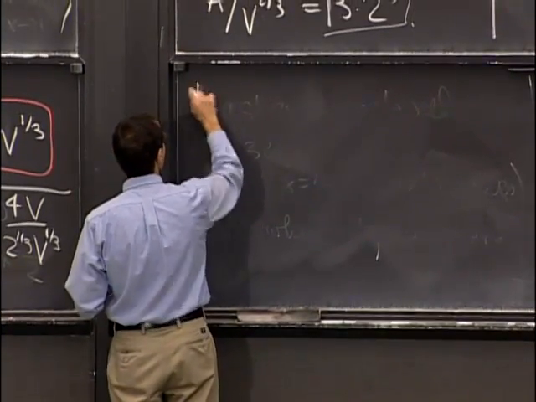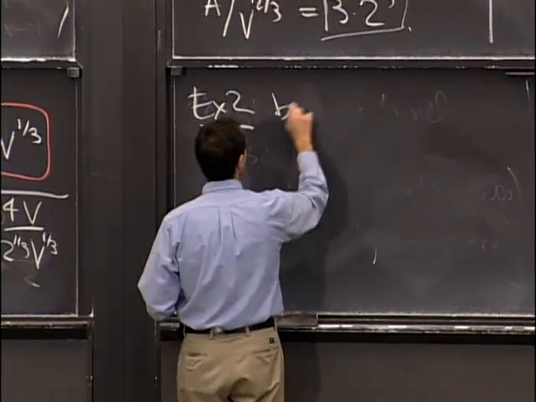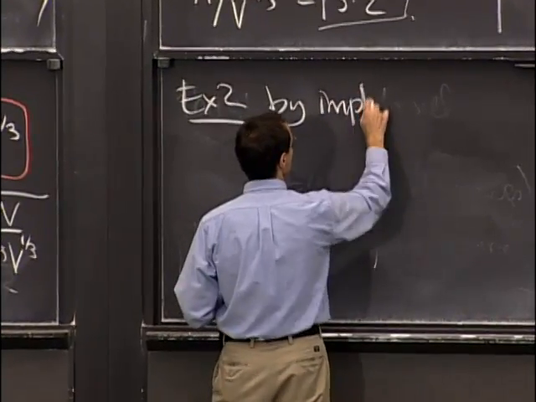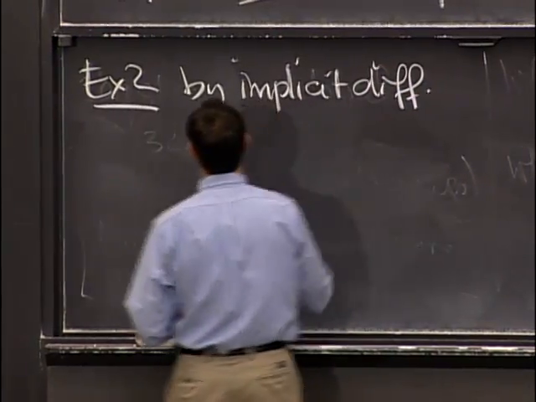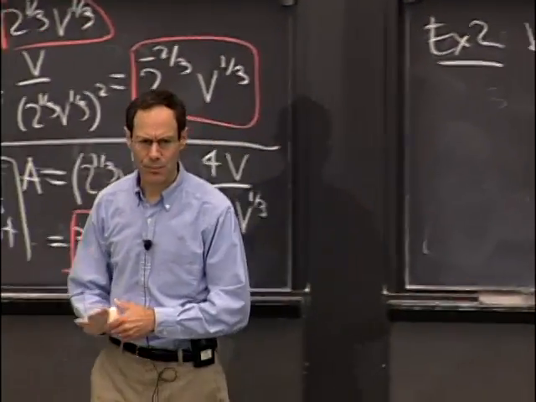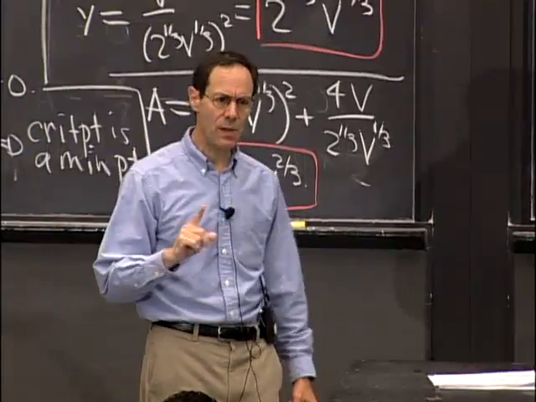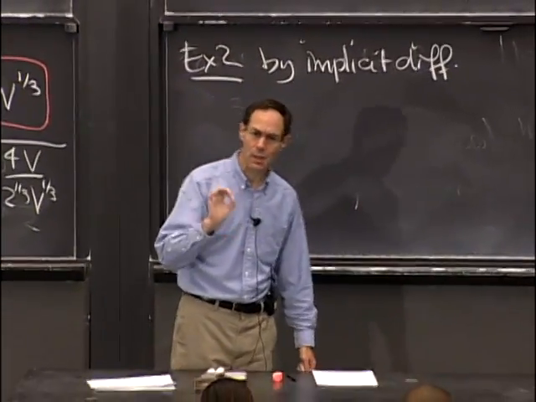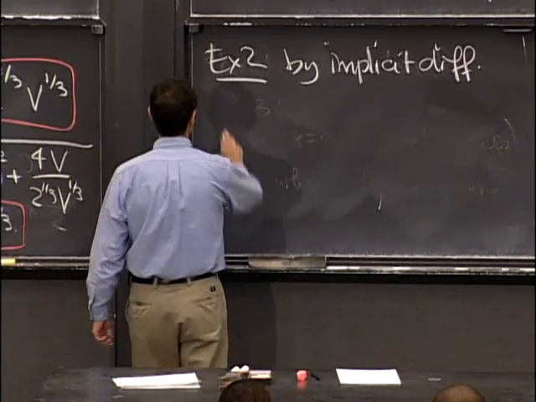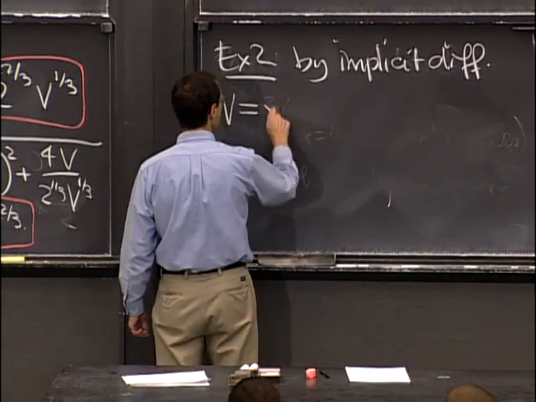So here's example 2, by implicit differentiation. So the same example, but now I'm going to do it by implicit differentiation. And I'll tell you the advantages and the disadvantages to this method here. So the situation is you have to start the same way.